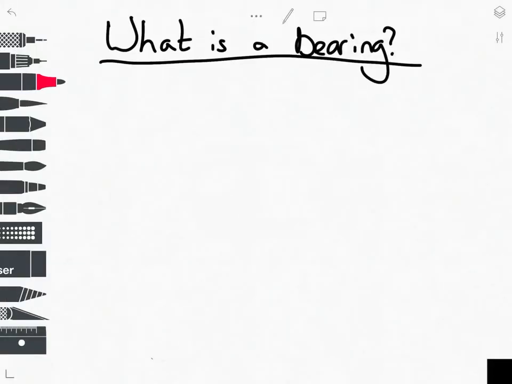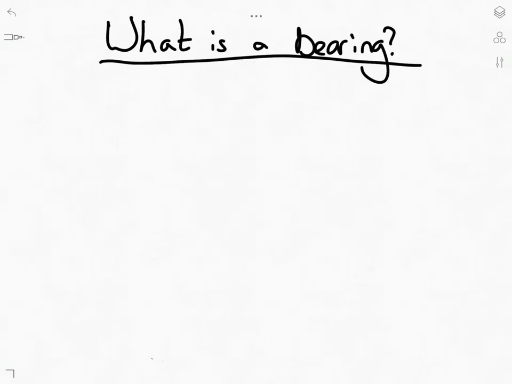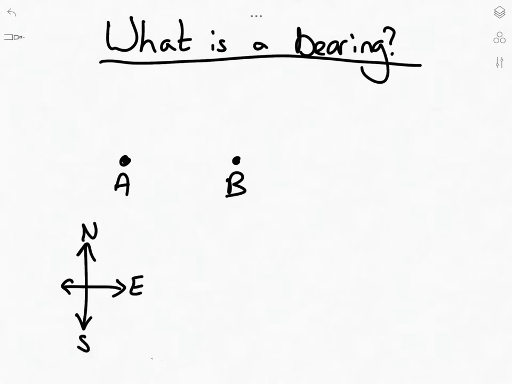What is a bearing? So a bearing is going to describe where one object is in relation to another. So in what direction an object is. So let's pretend we have two objects, A and B. And you should all know the compass, like this, and we have north, east, south and west.